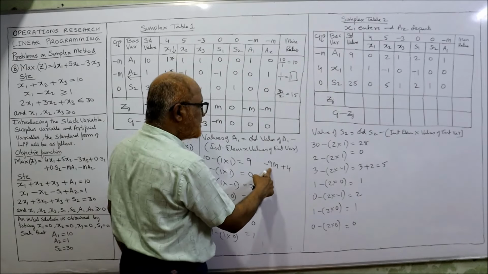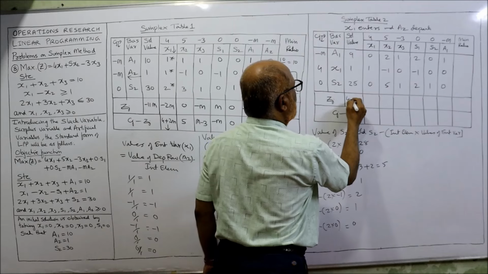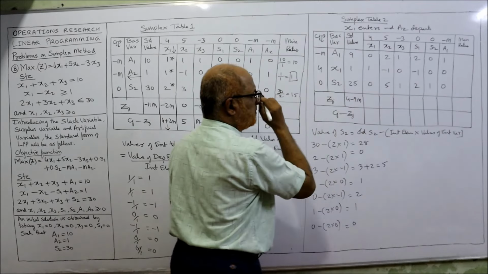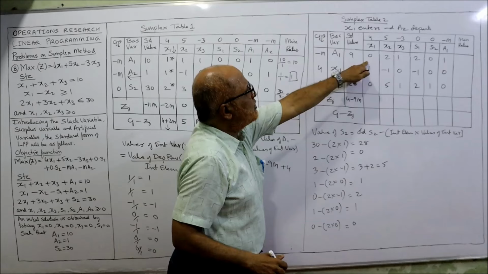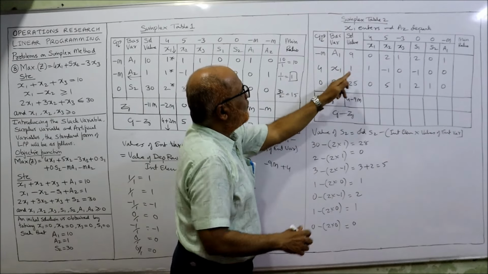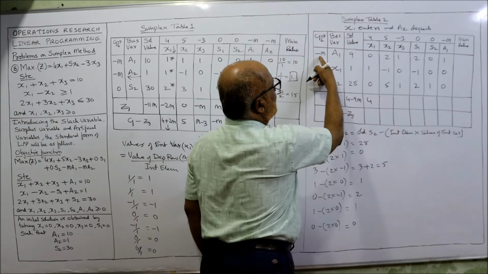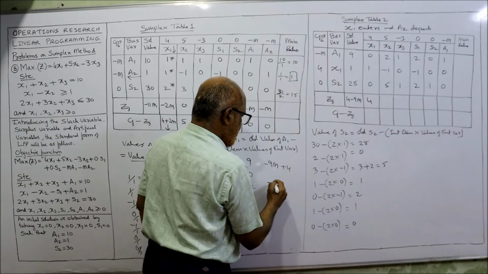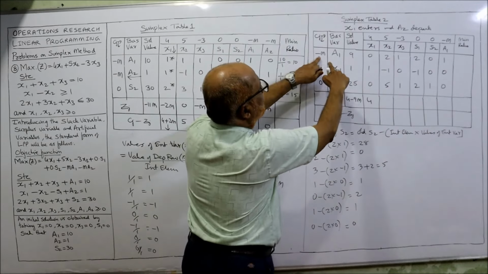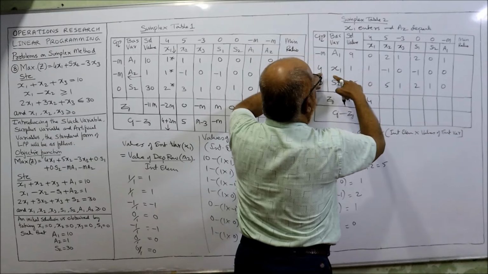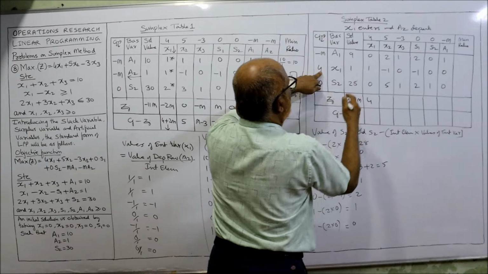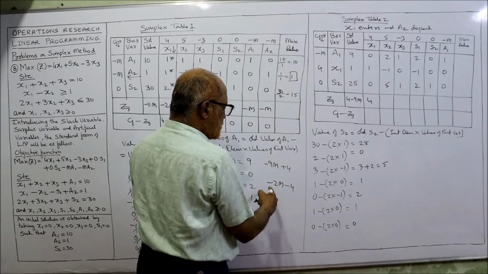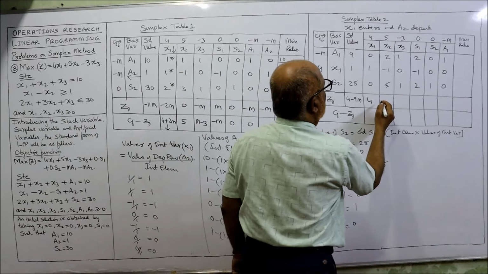So we can write 4 minus 9m. Minus m into 0 is 0, 0 into 0 is 0. So 4 ones are 4. Here minus 2m, plus into minus will be minus 4, so minus 2m minus 4.